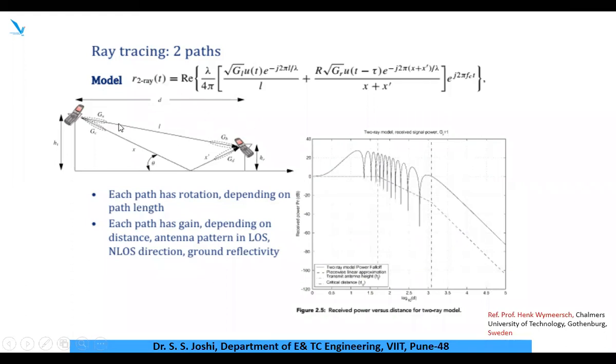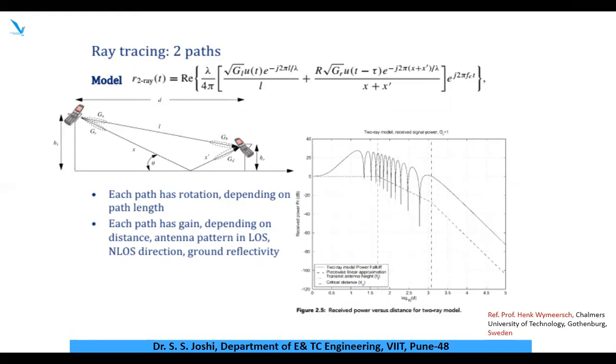The rays reflecting back with different paths take different times to reach the destination, meaning the receiver. Because of that, the signal strength gets fluctuated, reduced or increased. So this is the two-ray model.